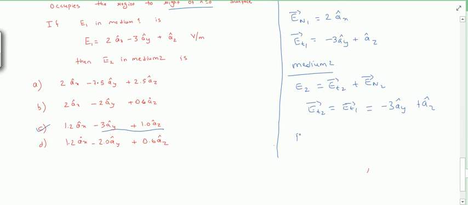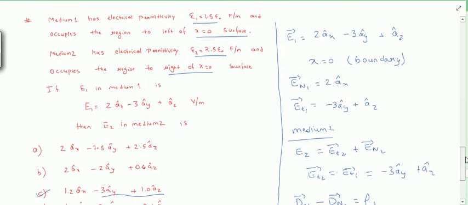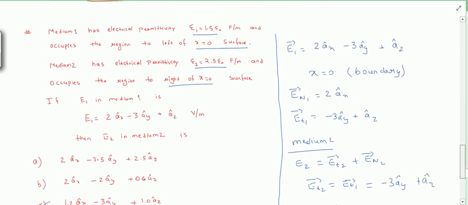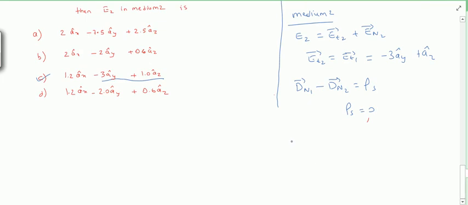It is related by dn1 minus dn2 equals rho s. Here no surface charge density is given, so we can take rho s equals 0. So dn1 will be written as epsilon 1 en1, which is 2ax cap, and epsilon 1 is 1.5 epsilon naught. So epsilon 1 en1 equals epsilon 2 en2.